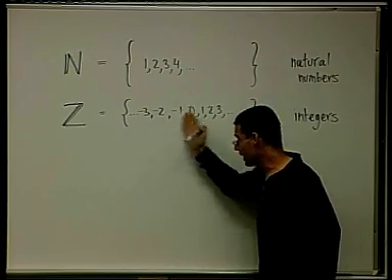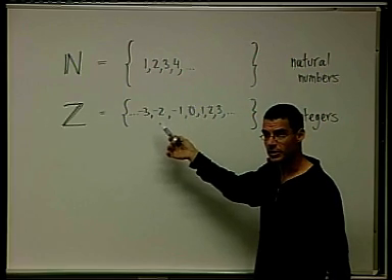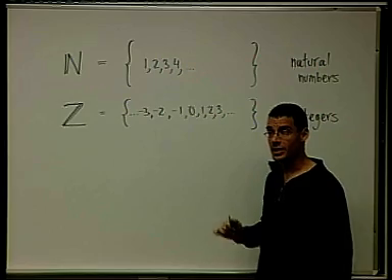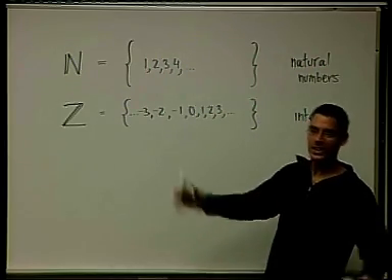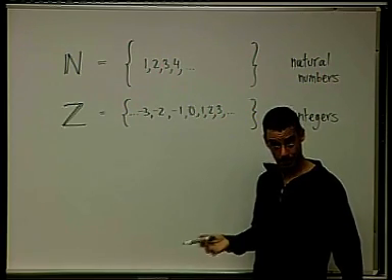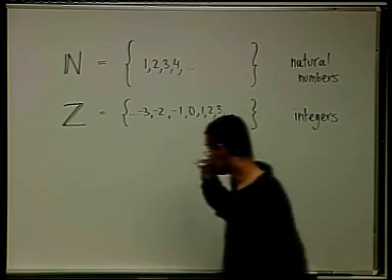And this is not something in somebody's mind. This is a very realistic thing. For example, if you go to the bank and take a loan, then your assets are minus $1,000, right? Do you agree? So it does make sense to discuss these numbers.